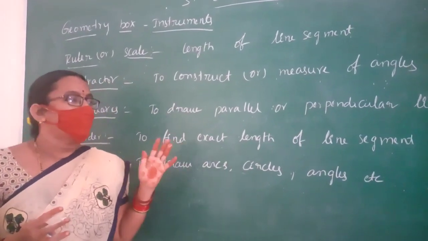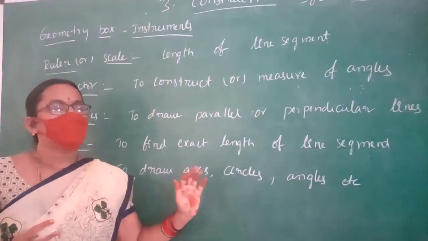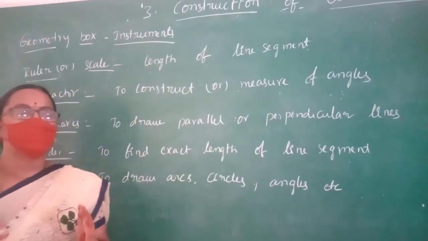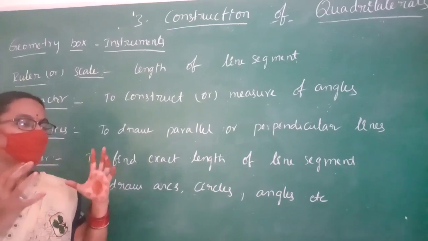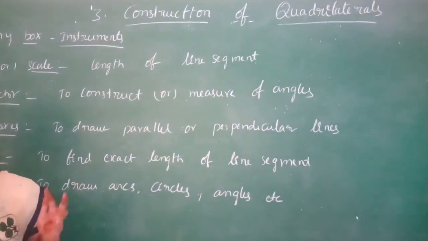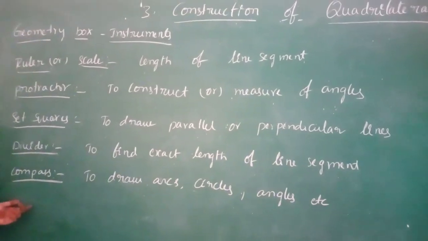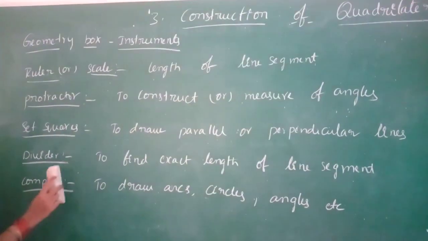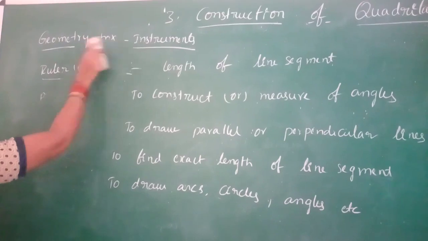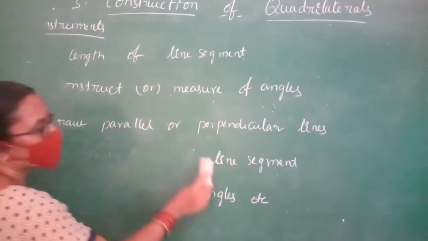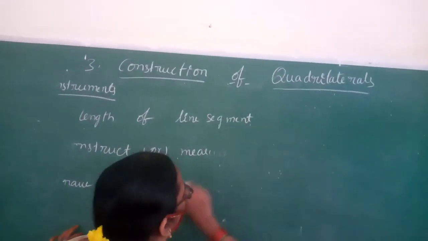Why? All the constructions and buildings are very familiar to geometric topics. Okay, children, are you not done? Can I rub? Okay, ma'am. This is the brief explanation about the geometry box.